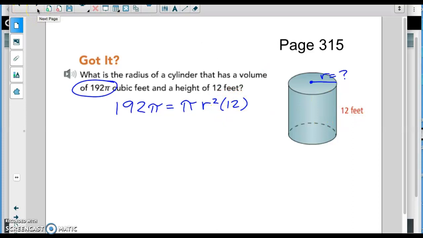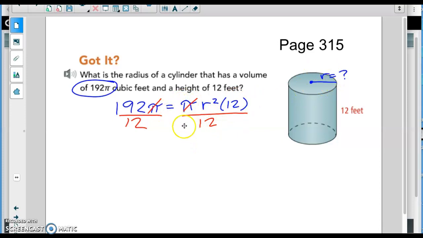Well, now I'm trying to solve for r, so what's the first thing I'm going to do? I'm going to cancel out my pi's. If there's pi on both sides, it's really nice and easy to just forget they're even there. It'd be like dividing by pi on both sides. Speaking of dividing, what can I now divide? Now I can divide both sides by 12. I'm going to knock this 12 out. Remember, I'm trying to solve for r. How am I getting r alone?